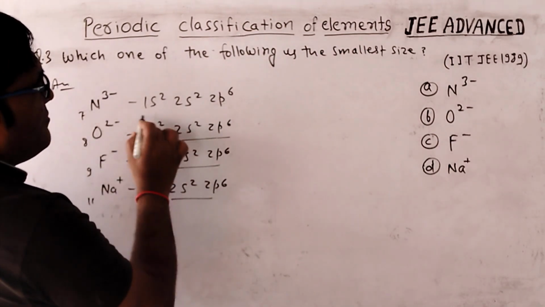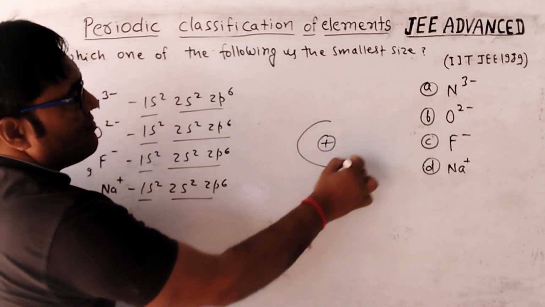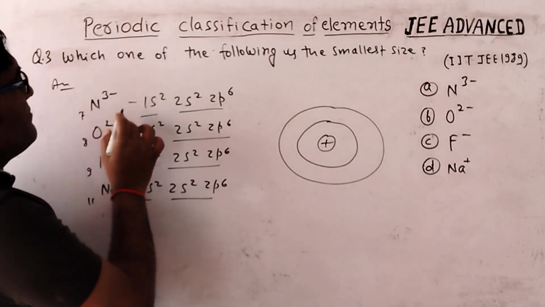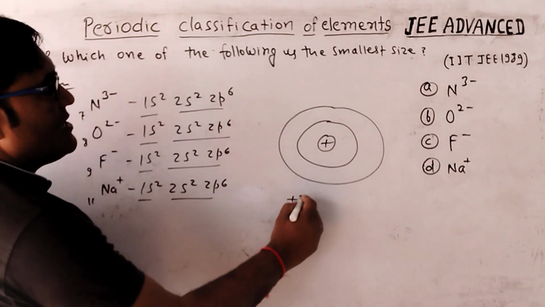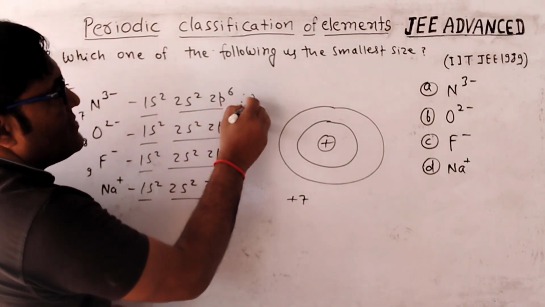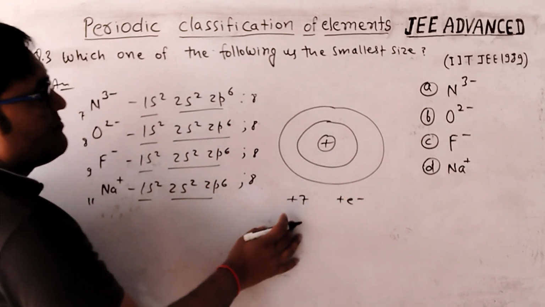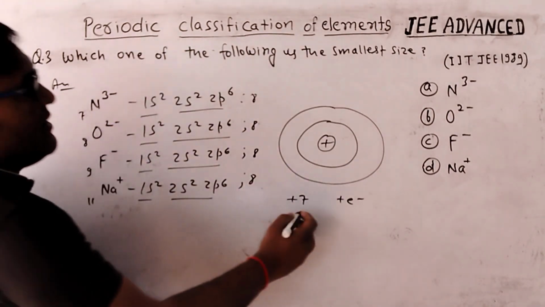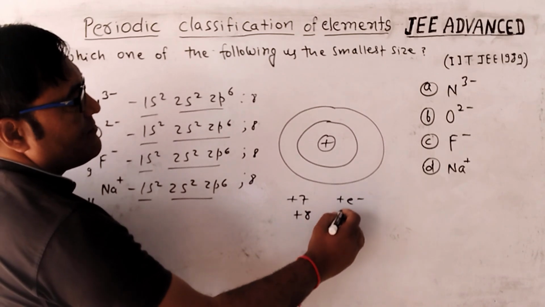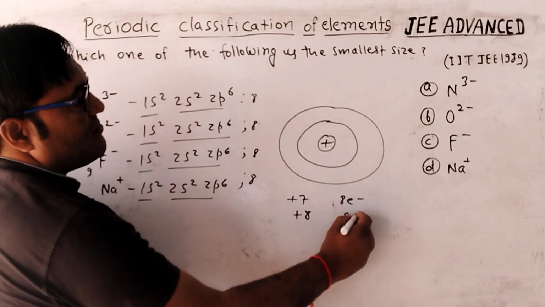Now in these options, here we can draw 2 shells. In case of nitride, 7 positive charge attracts 8 electrons from the last shell. In case of oxide, 8 positive charge attracts the last shell, 8 electrons.